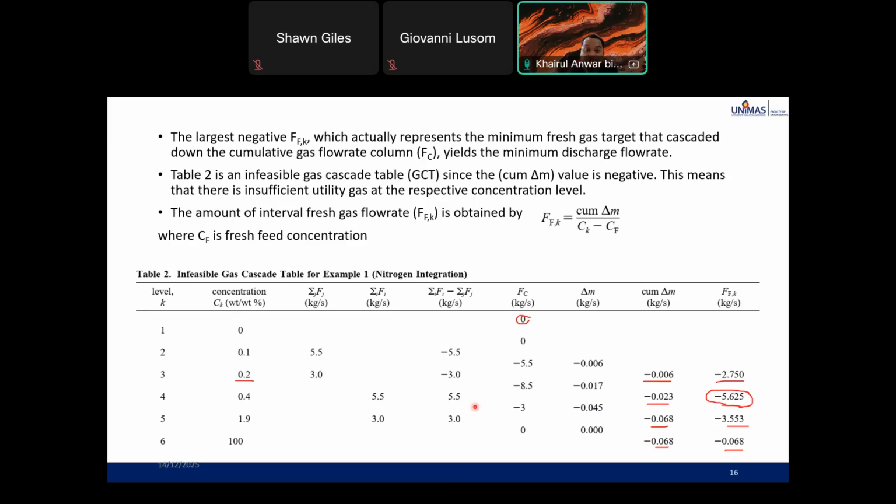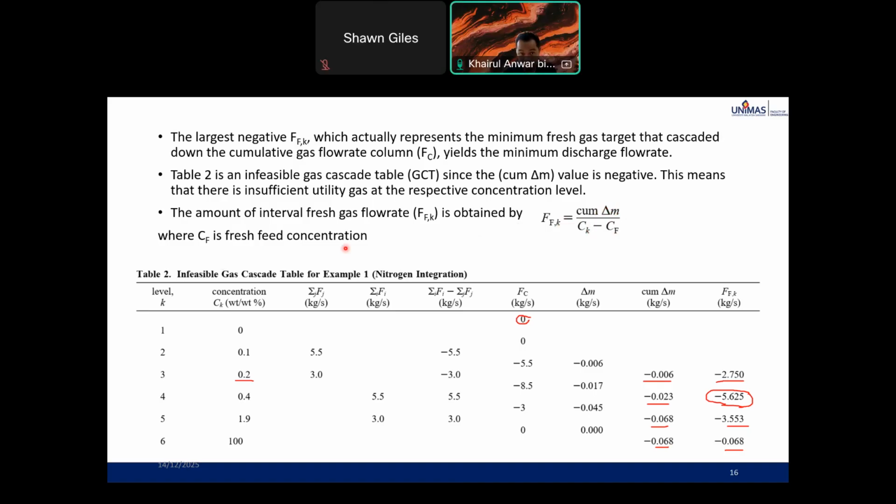So we use this equation to divide by the special concentration. I'm not sure what the special concentration is since this is gas. We cannot just assume it's zero. If you refer to table one, even guessing it's not zero, 0.1, 0.2, meaning the nitrogen is not there.